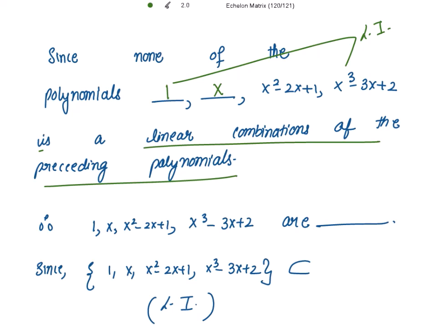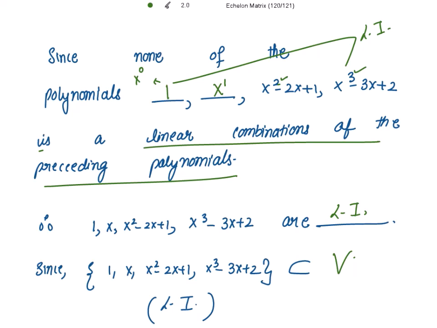Now this set of polynomials is linearly independent, because none of the polynomials is a linear combination of the preceding polynomials. The degrees of the polynomials are increasing: here we have degree 1, here degree 0, here degree 2 and 3. So none of these polynomials is a linear combination of the preceding ones, so they are linearly independent.